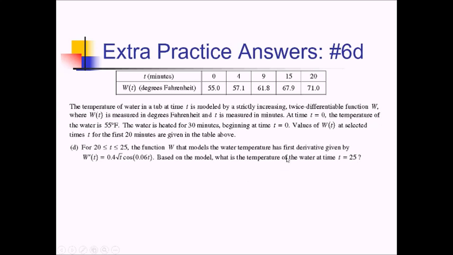Let's take the temperature at time 20, because that was our last known temperature. So that was 71 degrees. So this is W of 25 we're finding. We have our starting temperature of 71 degrees, plus we need the change in temperature from time 20 to time 25. So I'm going to integrate from 20 to 25 this W prime of t function that they just gave me. And I'm going to do this on the calculator now.